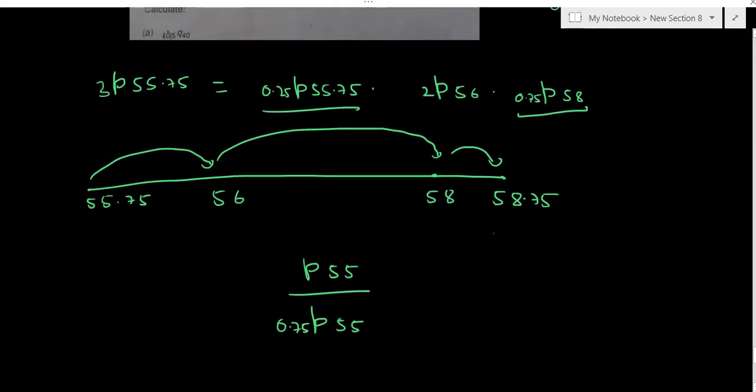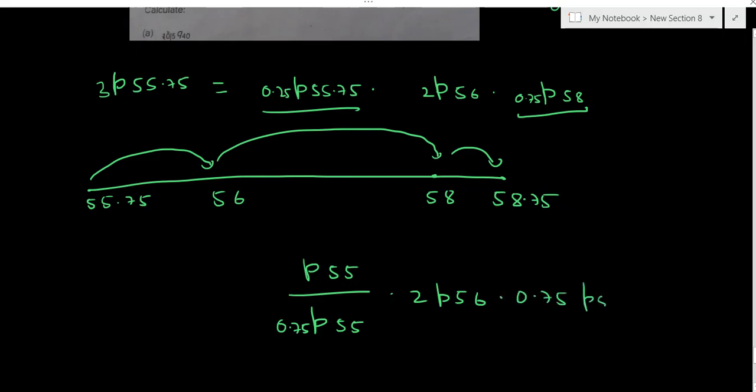The advantage is that this x term is an integer here, here also it is an integer, here it wasn't. So I just converted x into an integer, and this 0.75 is between 0 and 1, so I can evaluate this too. This becomes 2p56 and this becomes 0.75 p58. Now these are pretty straightforward.